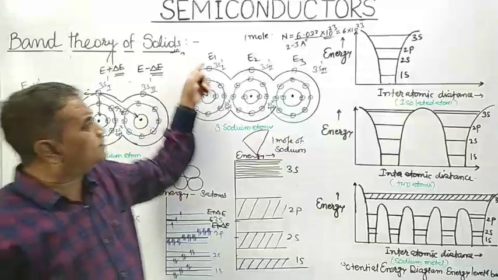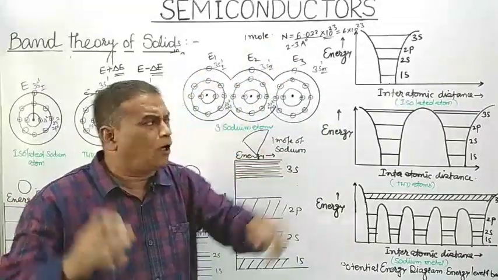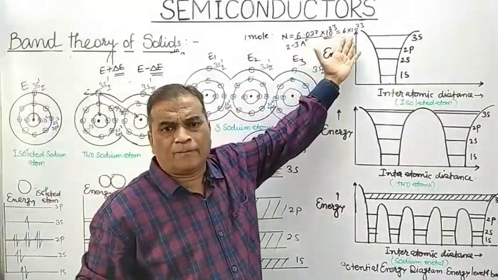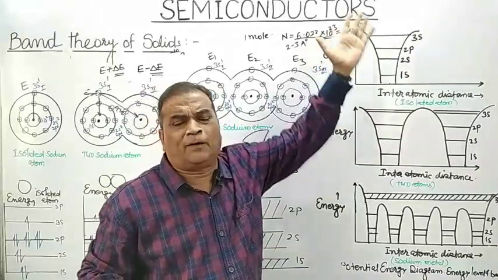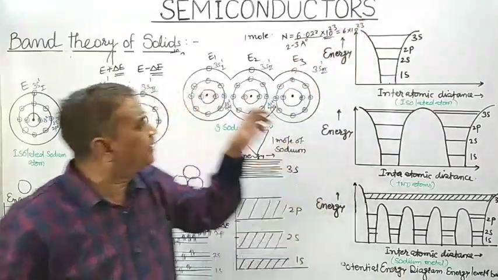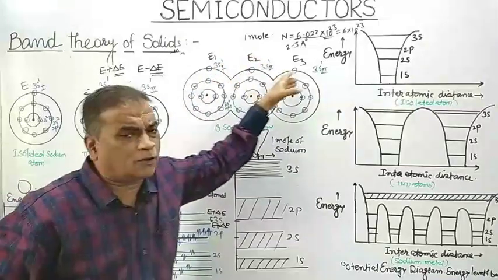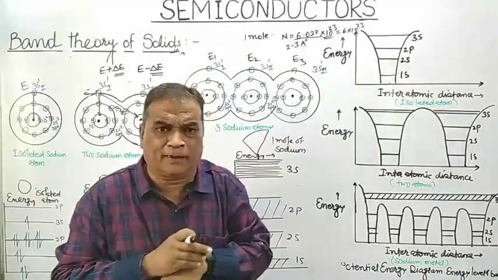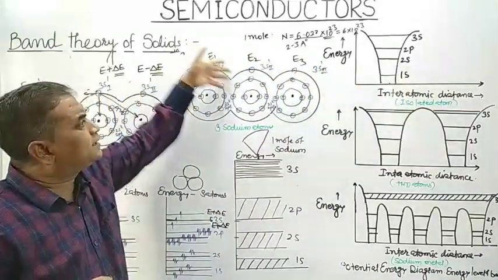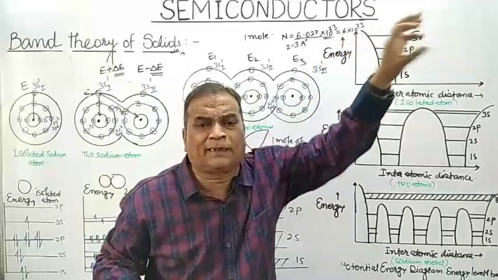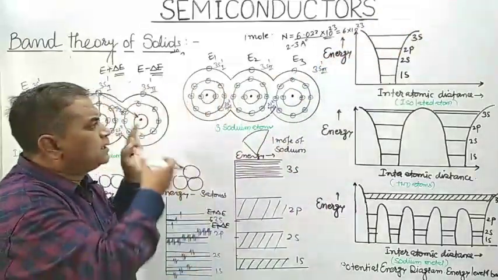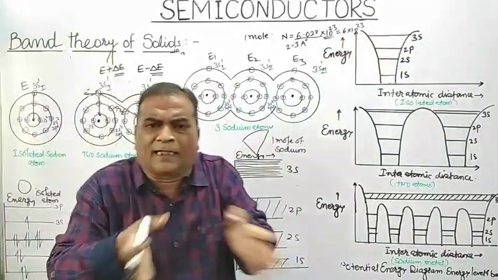So, how many electrons are there in 3s orbit? In all, there are nearly 6 into 10 to the power 23 number of 3s electrons present in the outermost orbit. All these 6 into 10 to the power 23 electrons will have strong interaction with their neighboring atoms.